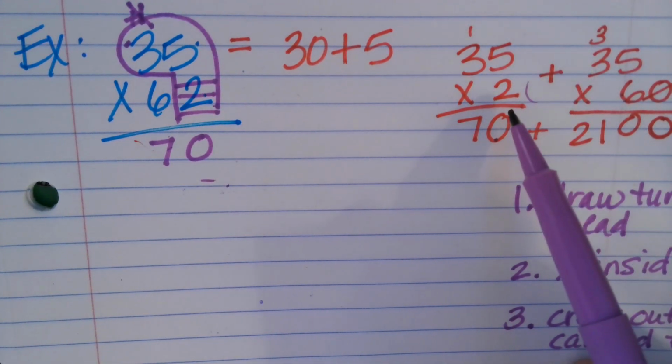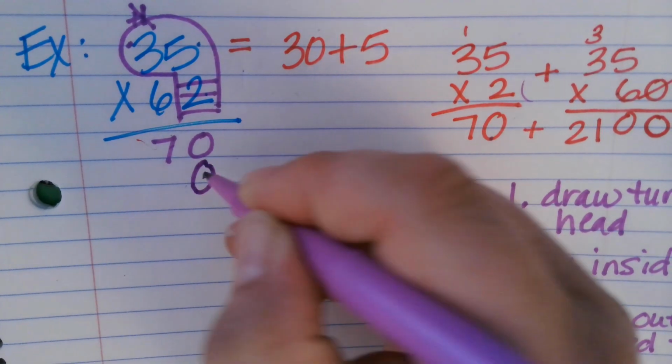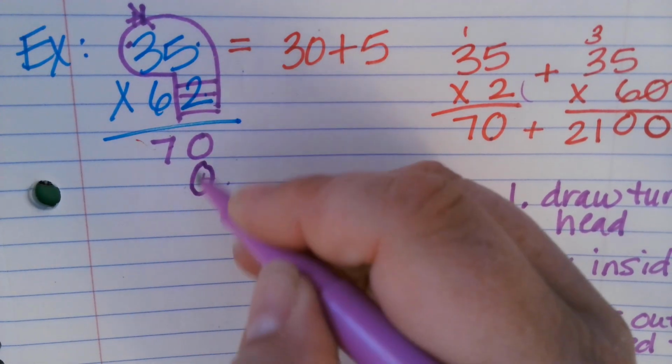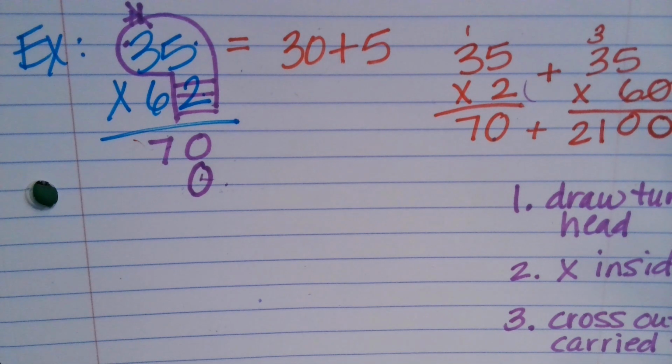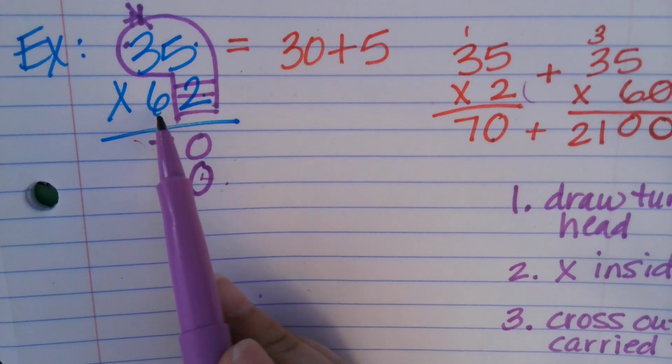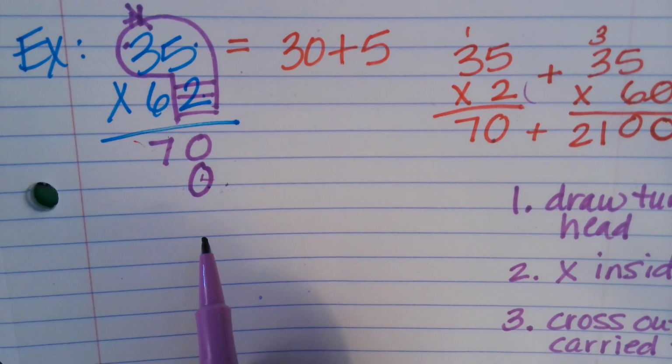I'm going to add it together in the end. So I'm going to draw a 0 or lay an egg right here under the ones place, because I am done with the ones. I am now multiplying in the tens place, so I don't want anything over here in the ones column at all. I'm blocking it off. I'm laying an egg, okay?